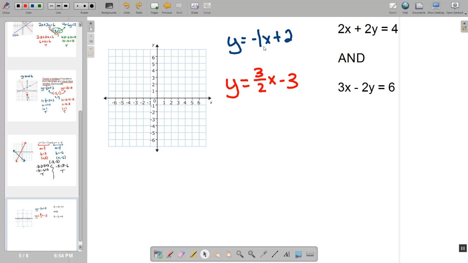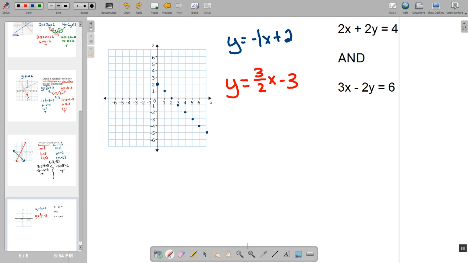So for blue, our b value is 2. So I'm going to go up here and graph my b value of positive 2. And then I'm going to find my slope, which is negative 1, or negative 1 over 1. Down 1 over 1. And I can do that repeatedly until I want to make a line.